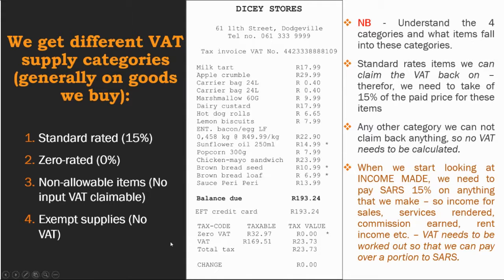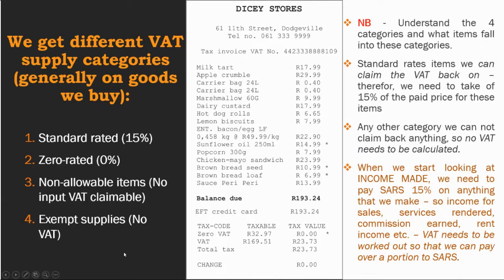Okay, now your standard rated items you can claim back from VAT as 15% was charged on it, whereas zero rated, exempt supplies, and non-allowable, you will not be able to claim any VAT on it because no VAT was actually calculated on zero rated and exempt, and for your non-allowable, it is a zero based on that.